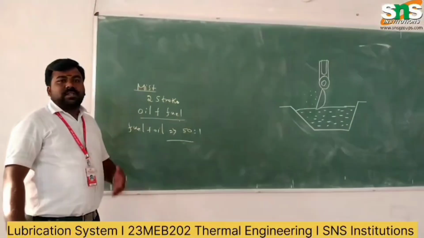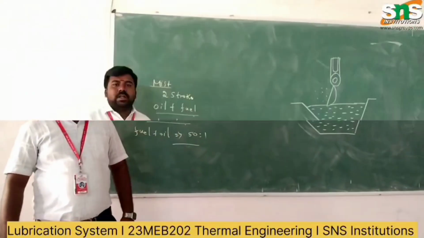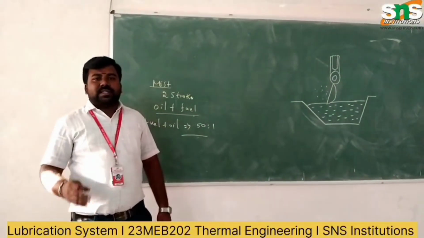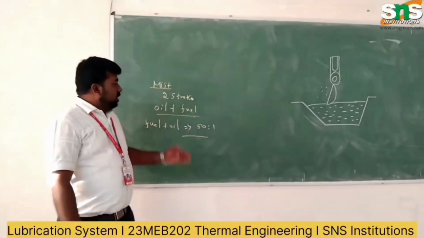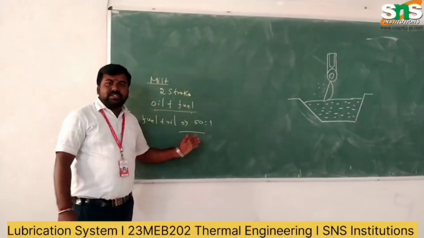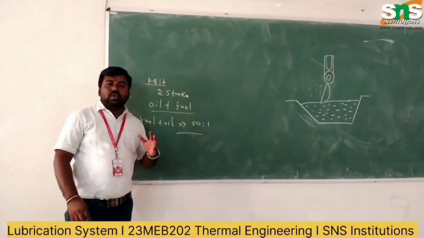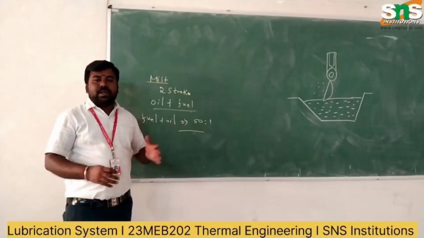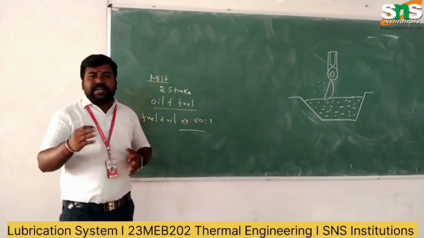Let us discuss some advantages and disadvantages of the petrol or mist lubrication system. In this system, no separate lubrication tank or sump is required. Due to avoiding a separate system, the weight of the engine is very low.